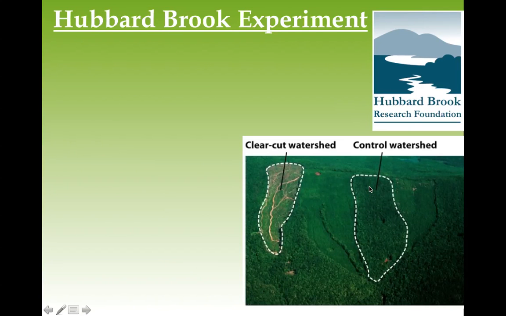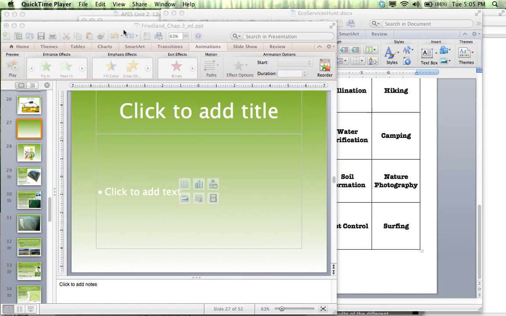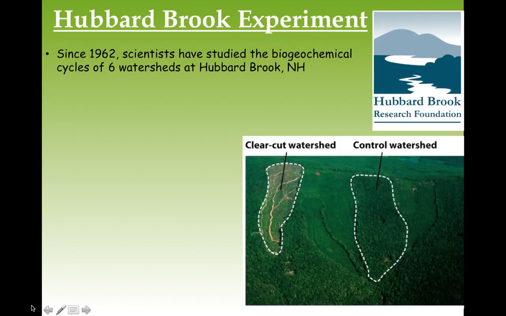So it's pretty neat. Okay, so one of the first and most influential experiments to study this phenomenon is called the Hubbard Brook experiment. And in 1962, up in New Hampshire, scientists did a very large controlled experiment to test the different cycles, and to see what the influence of forest had on the different biological cycles in that watershed.